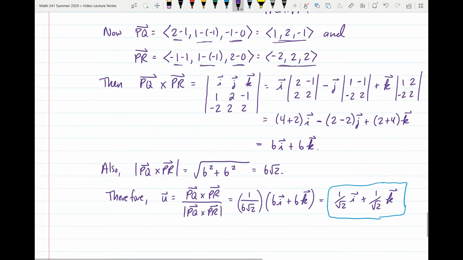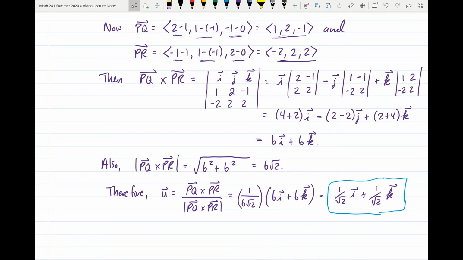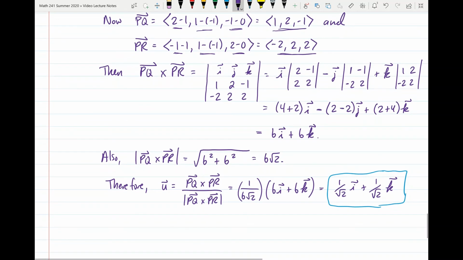So now we want to calculate the cross product of PQ and PR, now that we've put PQ and PR into component form. So to do that, we set up the matrix IJK, 1, 2, minus 1, negative 2, 2, 2. And we want to find the determinant of this matrix, and that'll give us the cross product of PQ and PR.